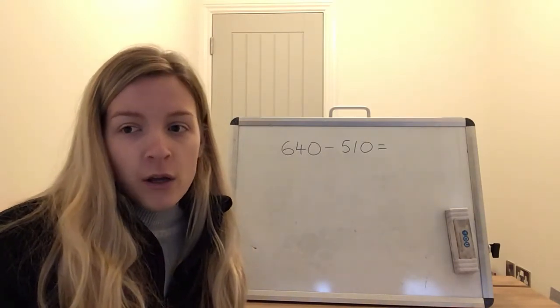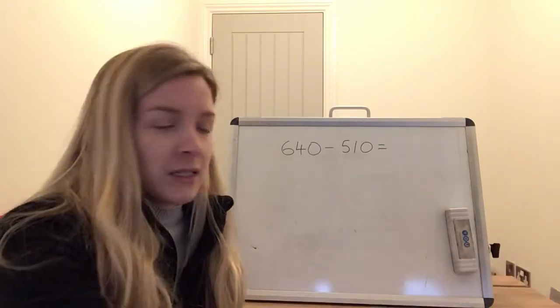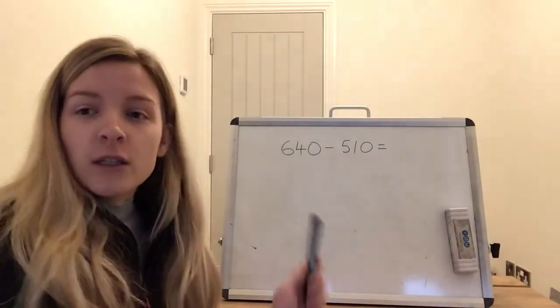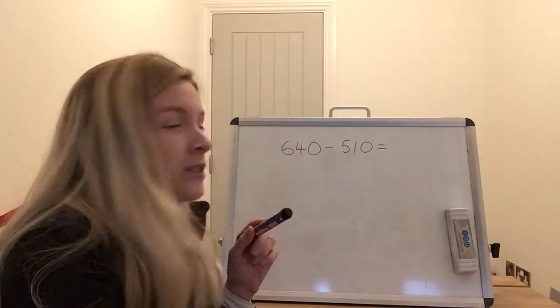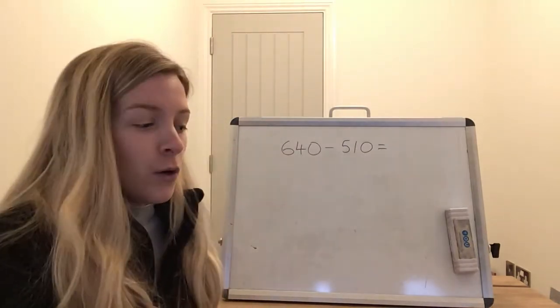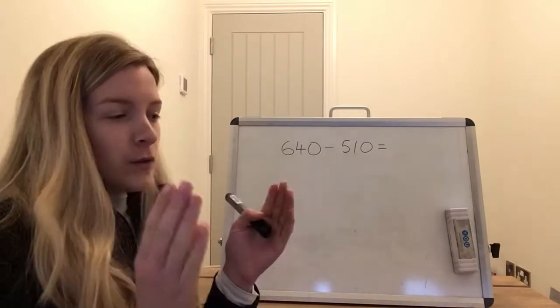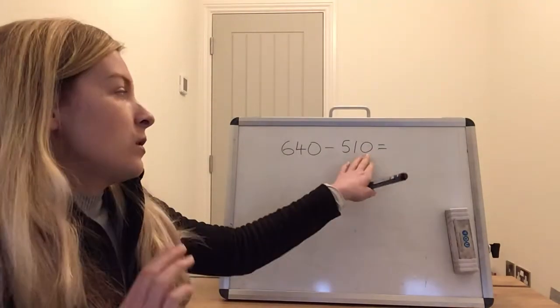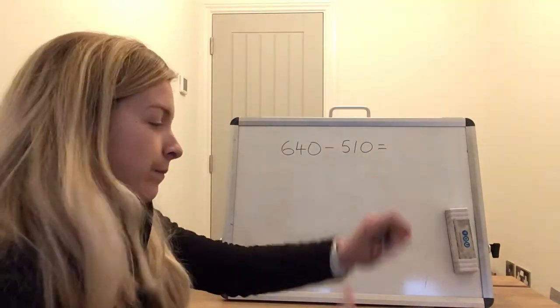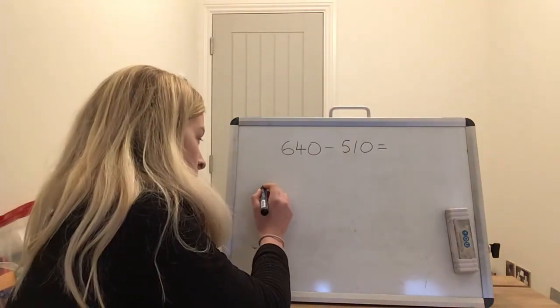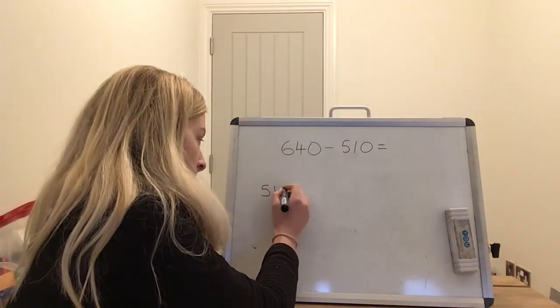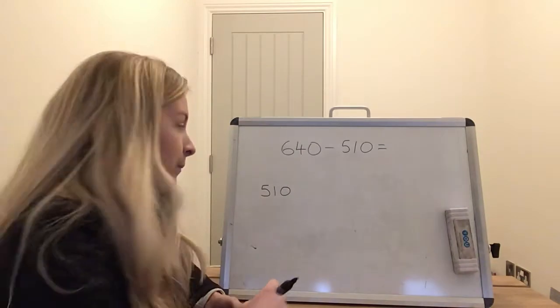Okay, so just to recap what we were doing yesterday, 640 take away 510. We're going to work this out through finding the difference. If we're finding the difference between two numbers, we're going to start at this number here, 510.